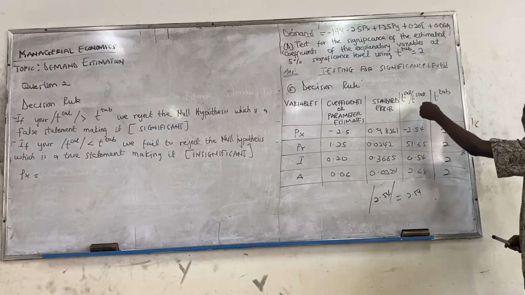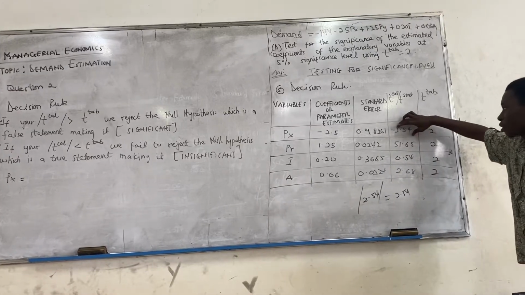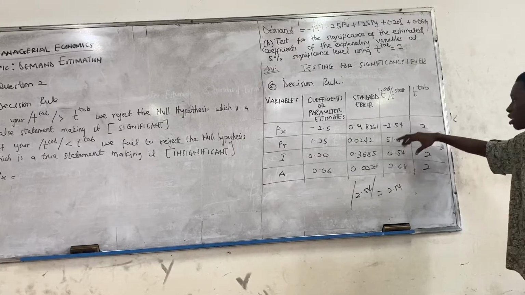The absolute value of the t-star, so now we have 2.54 instead of negative 2.54. Now 2.54 is greater than 2.